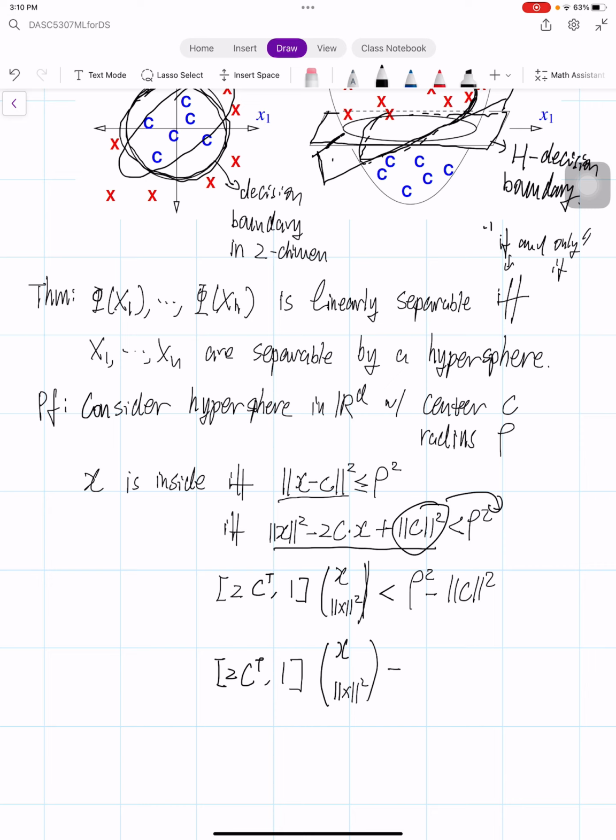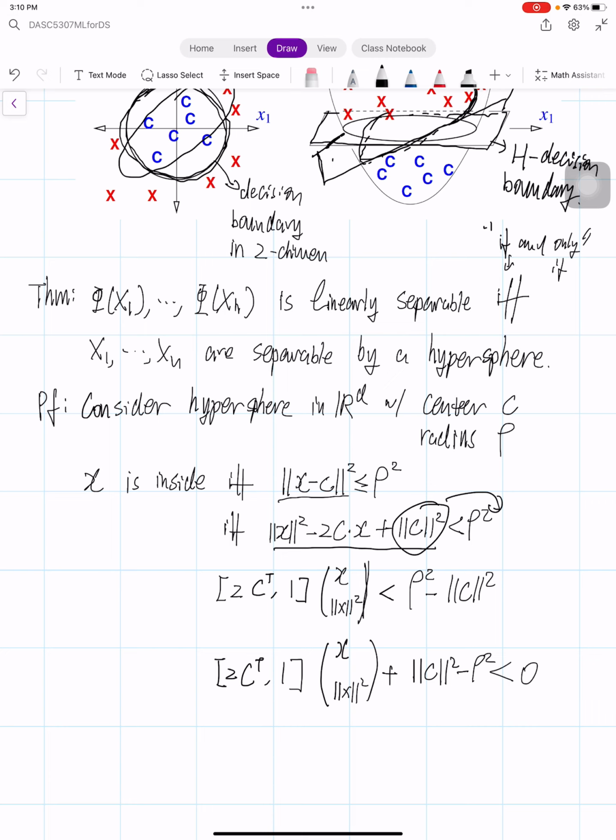Maybe we can write it in standardized form: plus c squared minus rho squared less than 0.